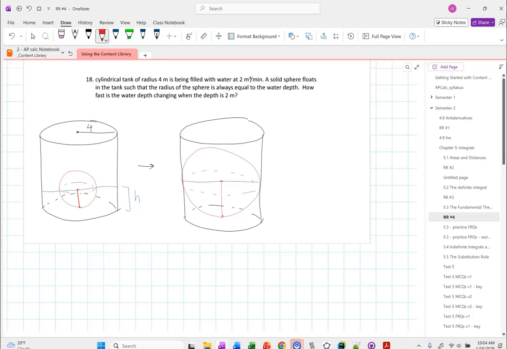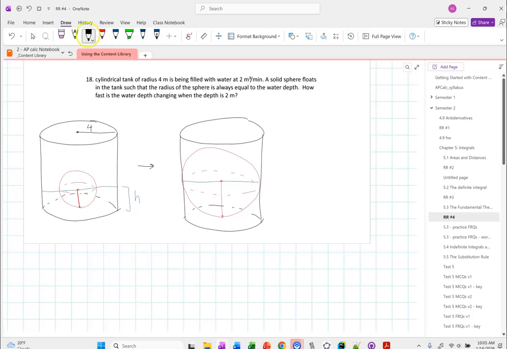Because physically, the width of the sphere is going to be expanding past the width of the cylinder. And if it does that, it breaks the whole problem. But that's kind of what's going on. Does everybody feel okay?